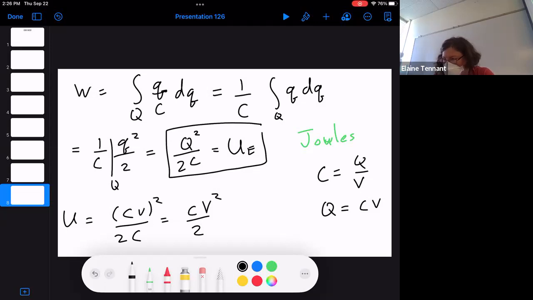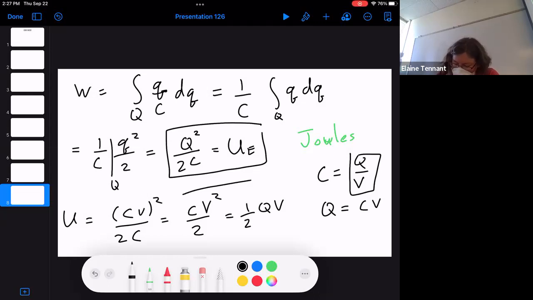What's the other one? You can get rid of the C by substituting in Q over V where the C is, and if you do that, you'll get 1/2 charge times voltage. They're all equivalent. It's not a big deal which one you use. Just use the one that's convenient. Okay, does that make sense?